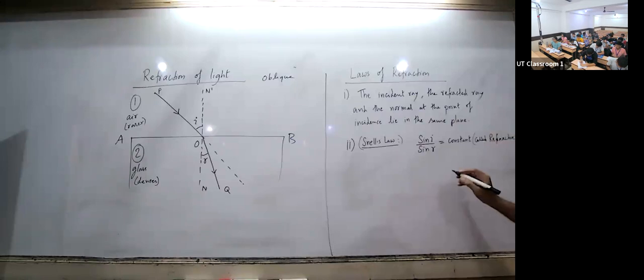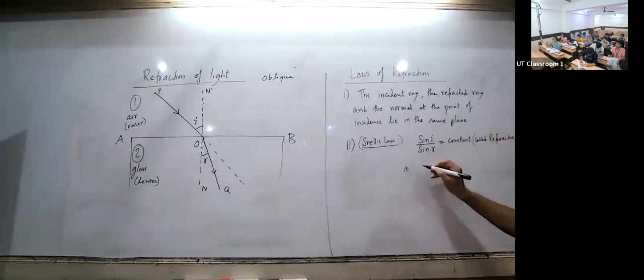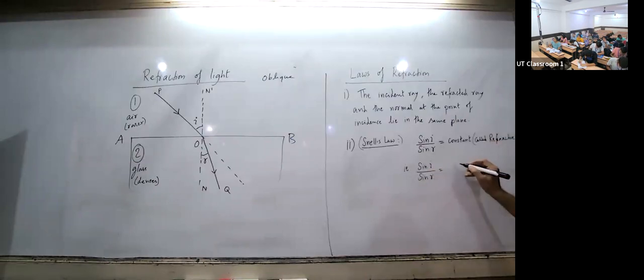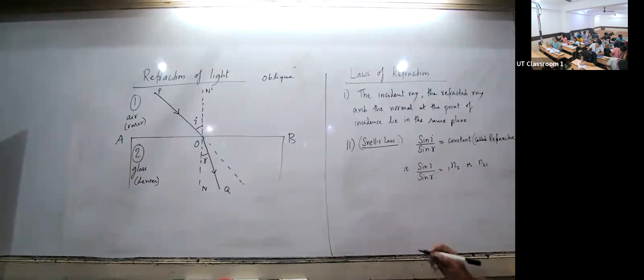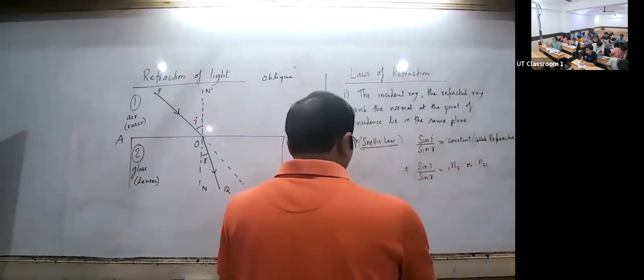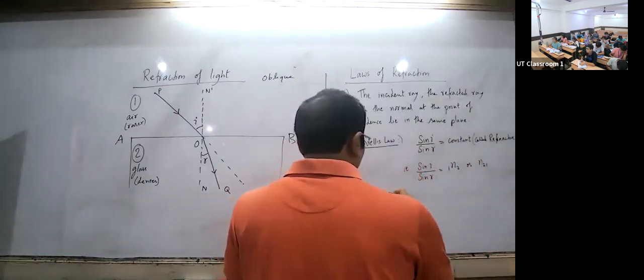Right? And how is it represented? That is, sine of I upon sine of R is equal to n21. It is written like this. How do we read it?